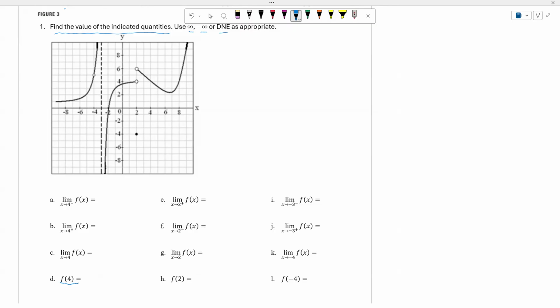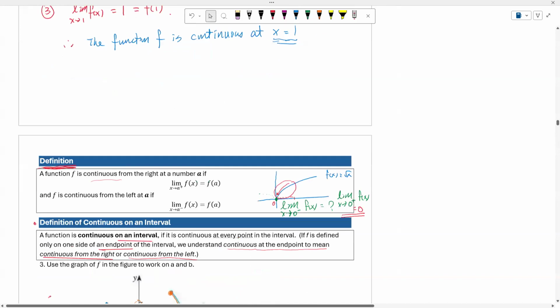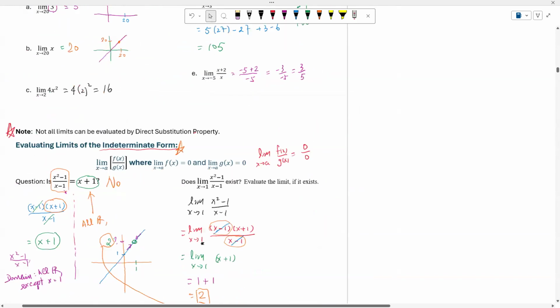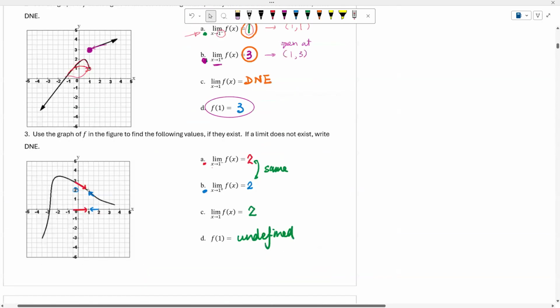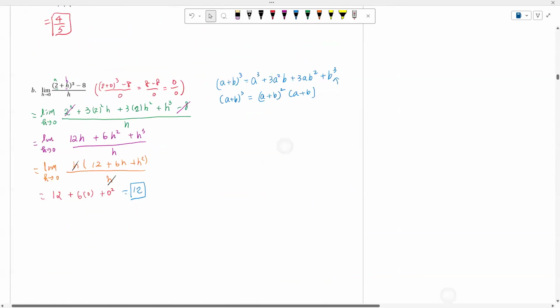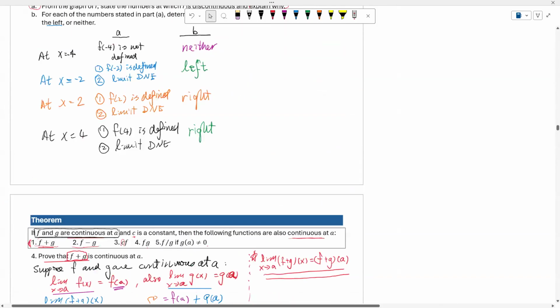Some of these problems you may already know how to do, because we have had this type of problem before, when first learning limits. And right now, let's see how to actually deal with it if we have a vertical asymptote.